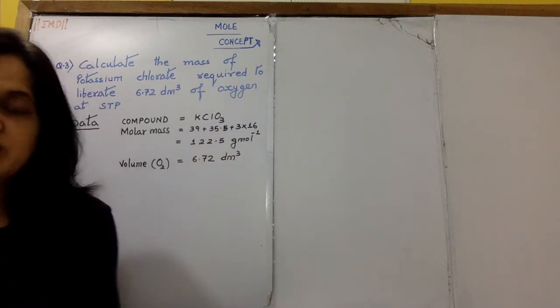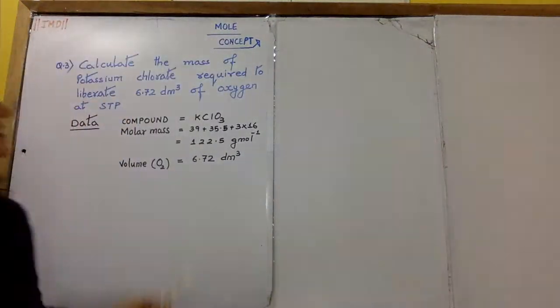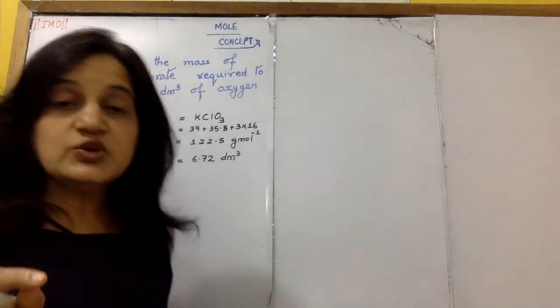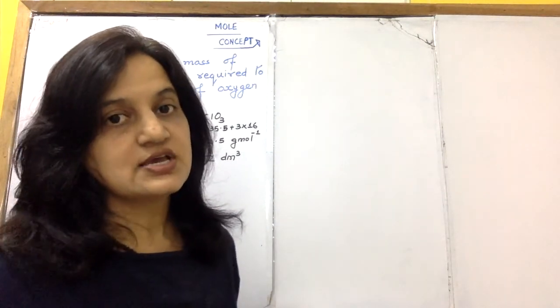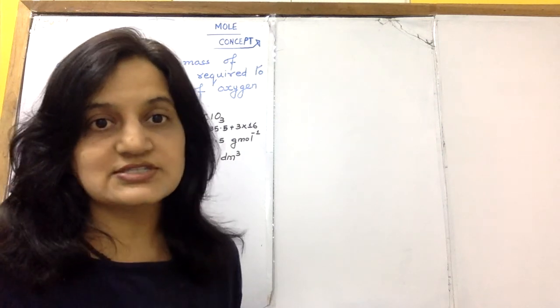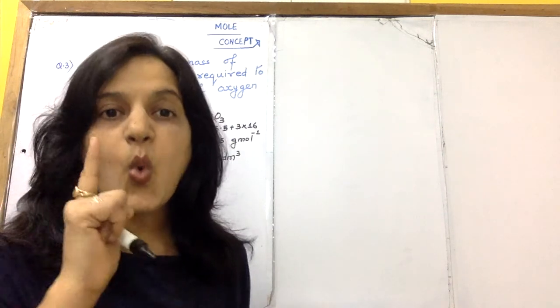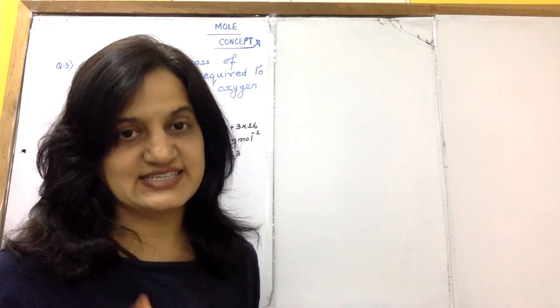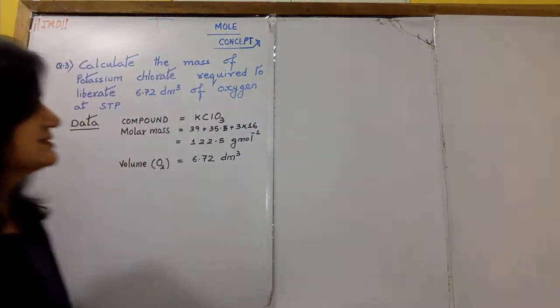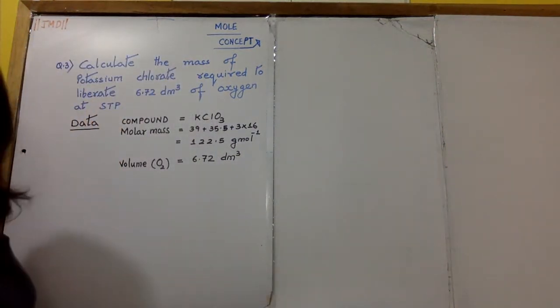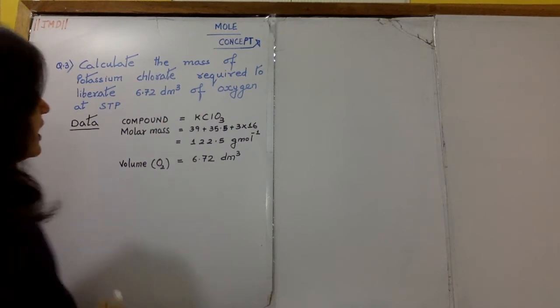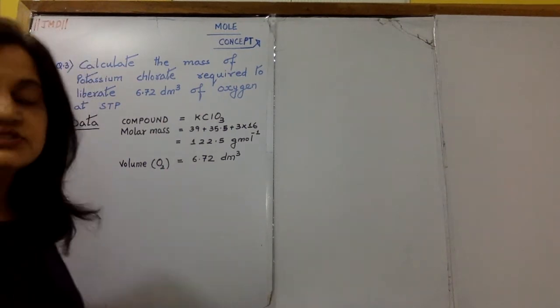So 1 oxygen is 16, so 3 oxygen is 3 into 16, that is 48. When we add, we get 122.5 and the unit is gram per mole, because the mass of 1 mole of a substance is called its molar mass. Okay, now the volume of oxygen is also given and that is 6.72 dm cube.